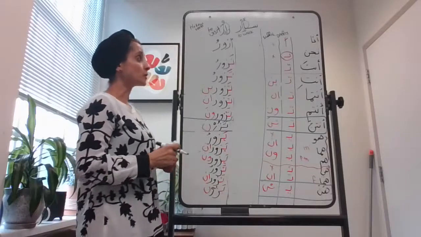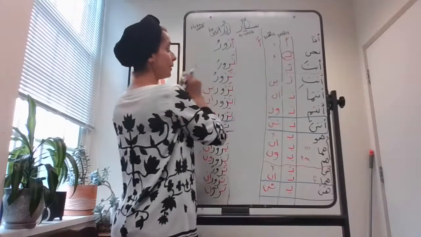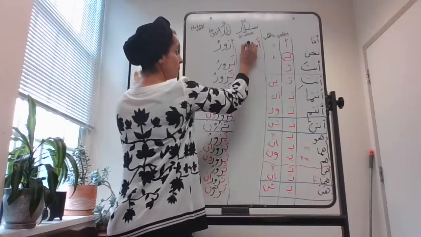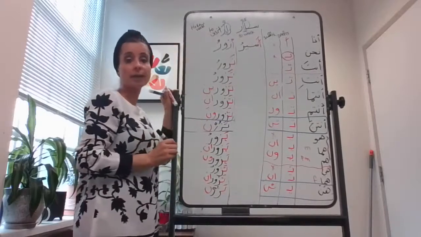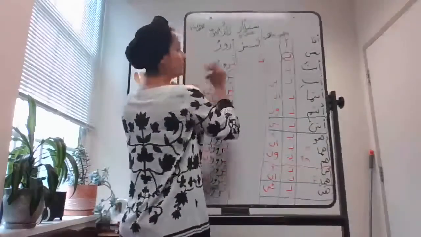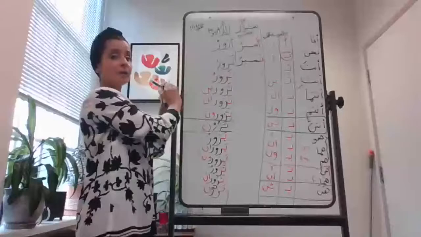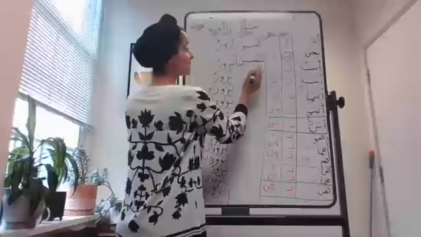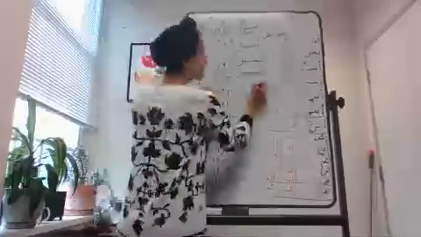Okay? So for Sarah, again we add the prefix. So Sarah, أنا أسير. أنا أسير. I'm walking. أسير. نحن نسير. أنت تسير. أنت تسيرين.